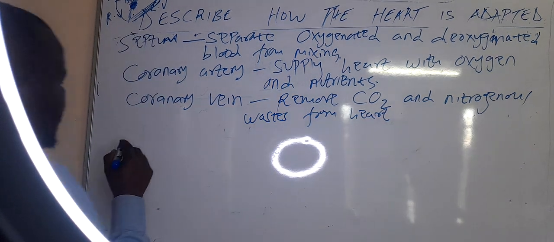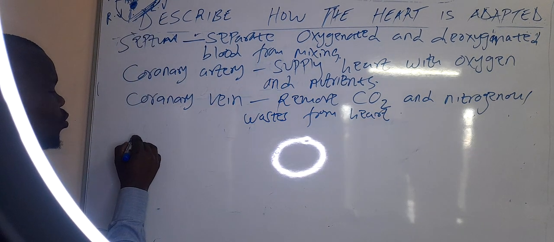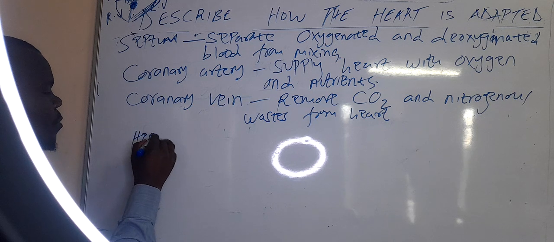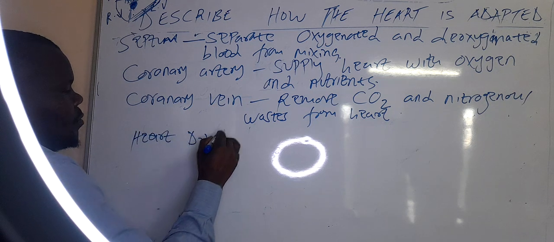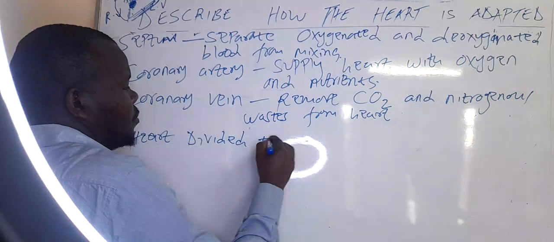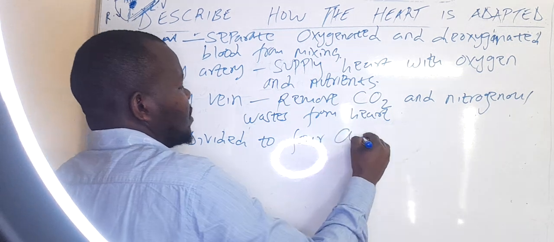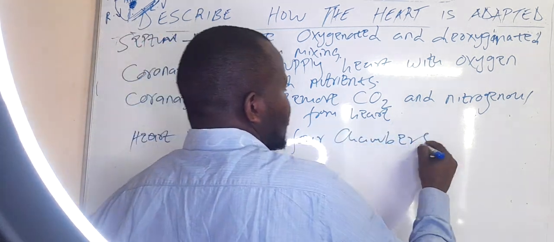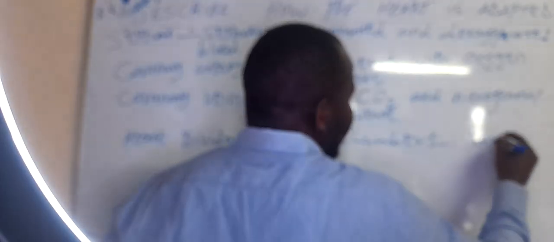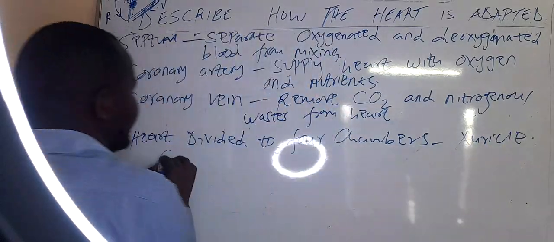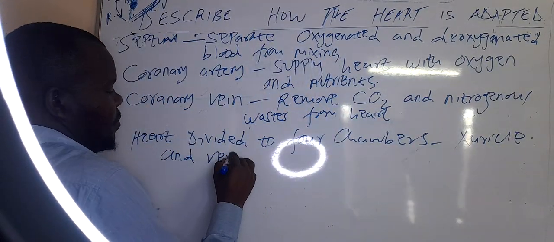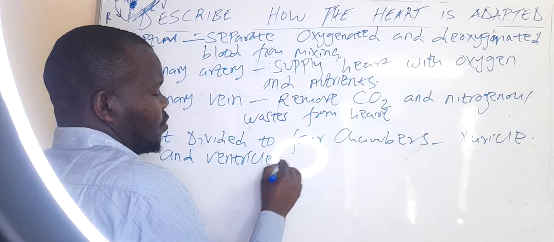Then again, you can speak about the divisions. The heart is divided into what? Four chambers. Which are those ones? Auricles and the ventricles. And which are these auricles and ventricles?